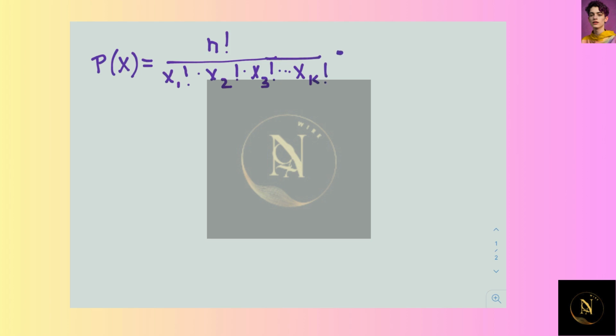And then that fraction is multiplied by the probability of success for the first event raised to the x1 power, times the probability of the second event raised to the power x2, and you would keep that going as well till you get to the probability of the k event raised to xk power.